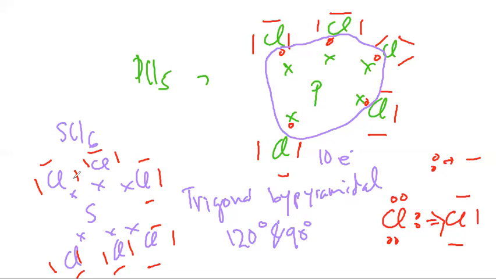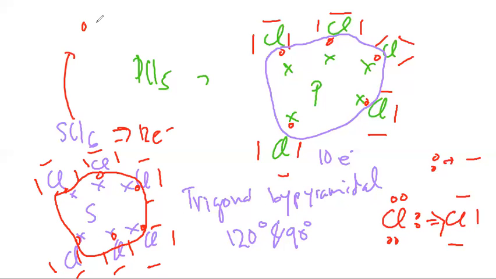In this case, I have 12 electrons in the central atom of sulfur. Therefore, the shape of this molecule is octahedral, and the bond angle is 90 degrees.